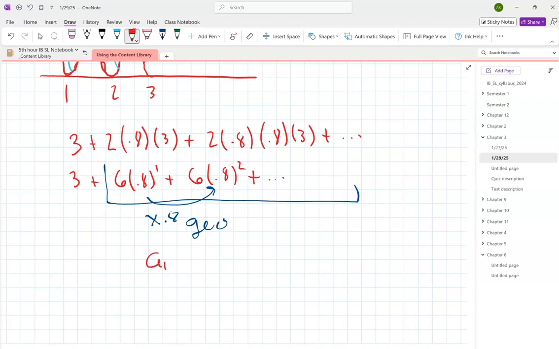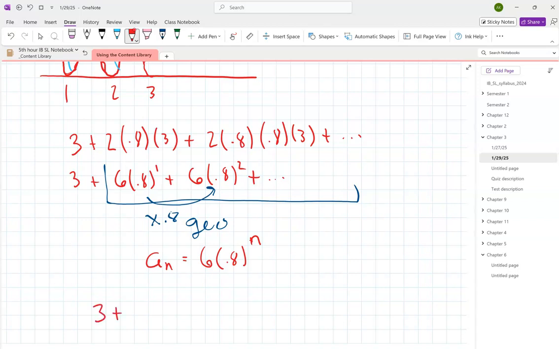So that geometric sequence is going to be, yeah, that's fine. Oops. Would just look like this, right?